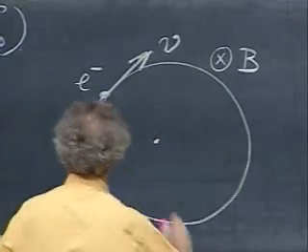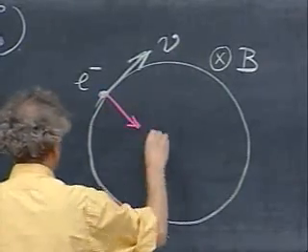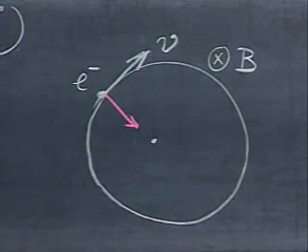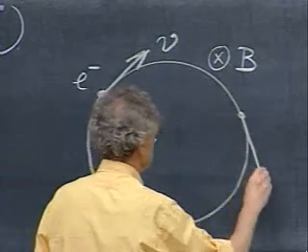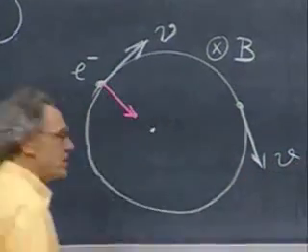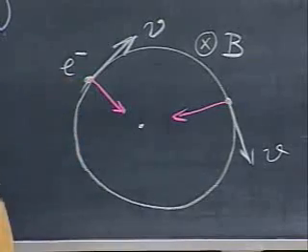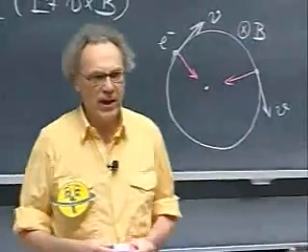And the force is right at the center of that circle. A little later in time, when the electron is here, going with the same speed, the force is like so. The speed cannot change.